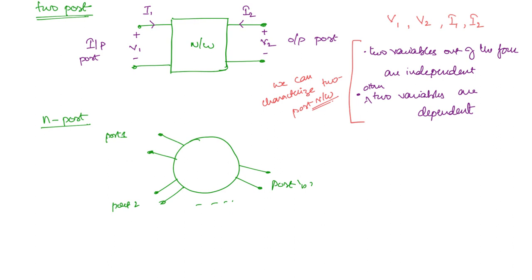What are a few parameters? ABCD parameters we have, the Z parameters, Y parameters, which are also called impedance and admittance parameters, Z and Y, right? And we also have H parameters and the inverse H parameters. So these are all the various parameters that we will be finding out, we will be knowing about in this discussion of two port network.